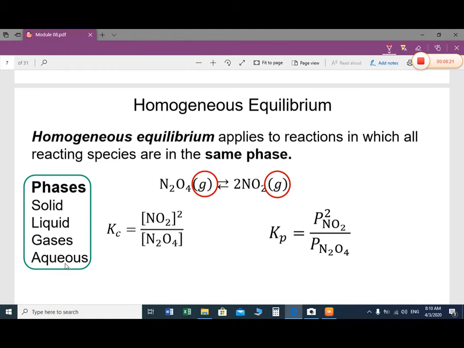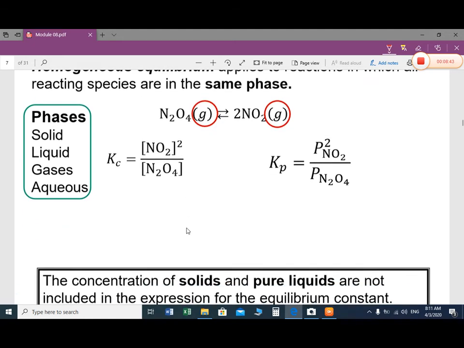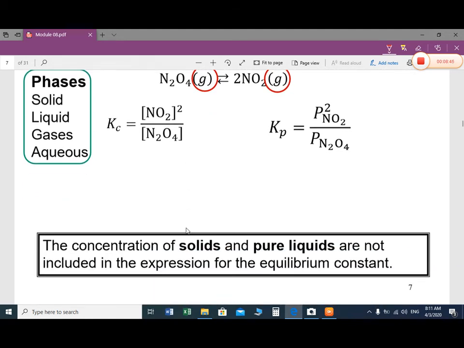For aqueous systems, we calculate the equilibrium constant through the concentration. In the gas phase, we calculate the equilibrium constant in terms of the pressure of the gases. But for liquids and solids, we will not consider them in the equilibrium expression.